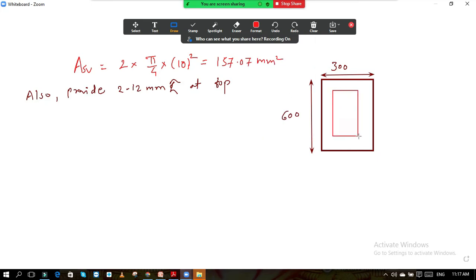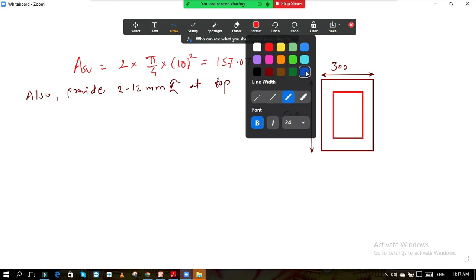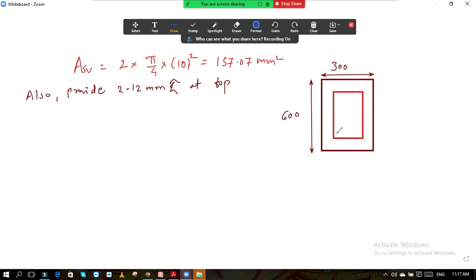This is the stirrups which is provided. This is the stirrup of 10 mm diameter. And now where the bars are provided, so bars are provided like this here. Okay, here the 3 bars of 20 mm.